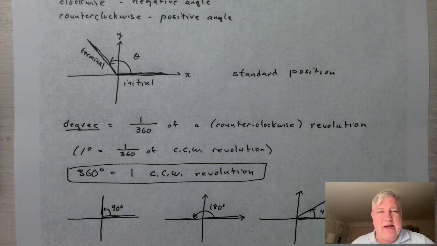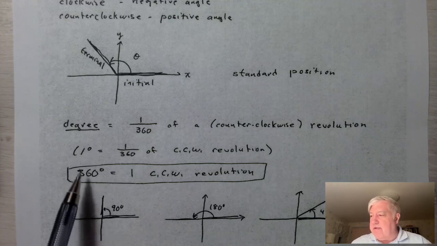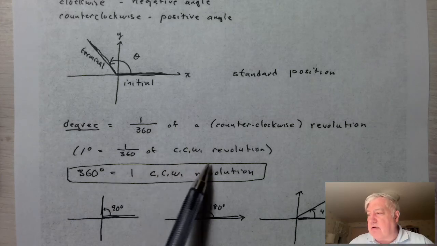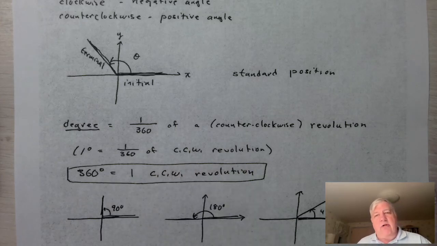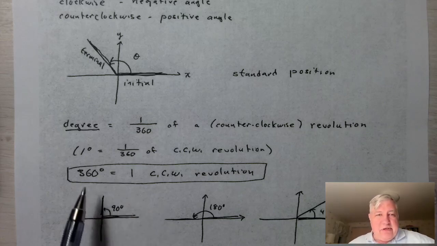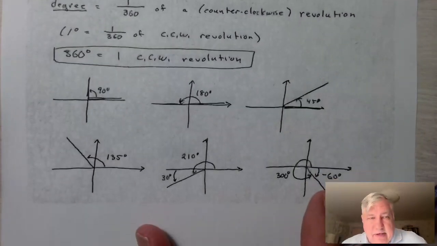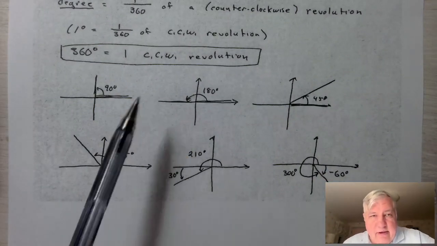But to be more precise, a positive 1 degree would be 1/360th of a counterclockwise revolution, because again, counterclockwise means positive. Probably the easier way to remember is just 360 degrees equals 1 revolution.